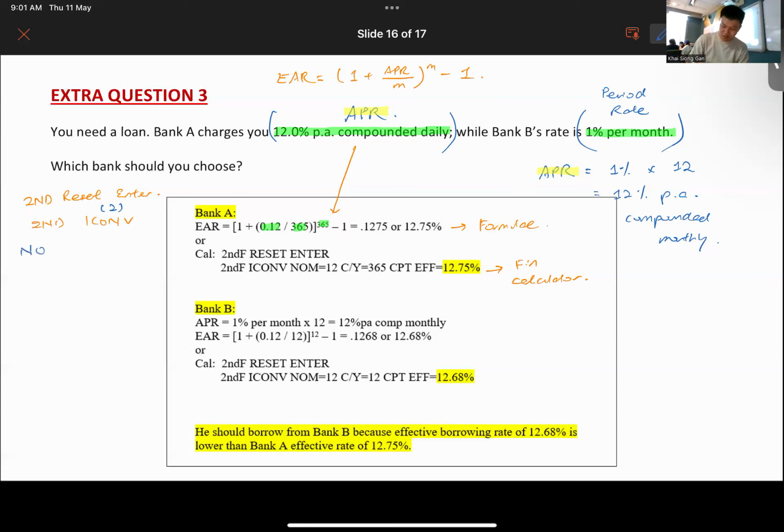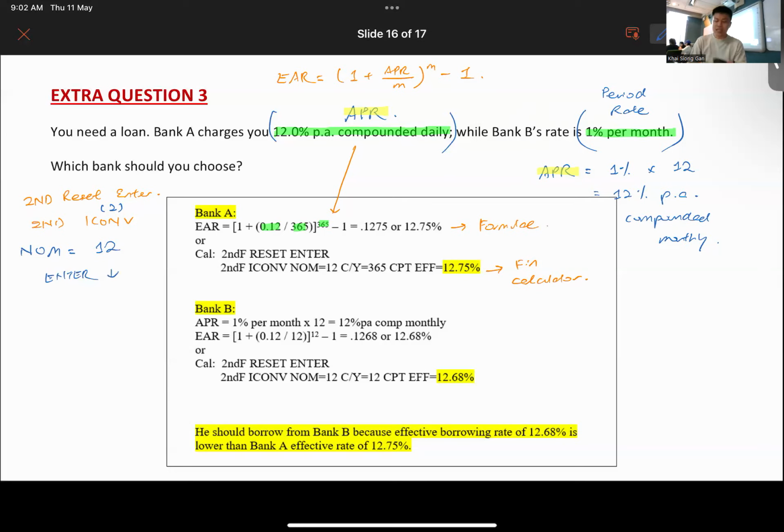Easy already. This one you don't have to do any calculation at all. How much is the nominal rate? Nominal rate means APR. So when you key in second icon, the calculator is already asking you what the APR is. You just key in 12, enter, and then go down.